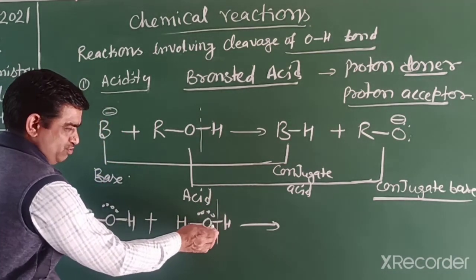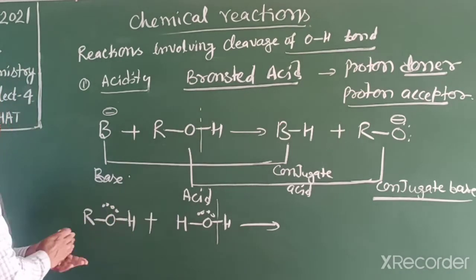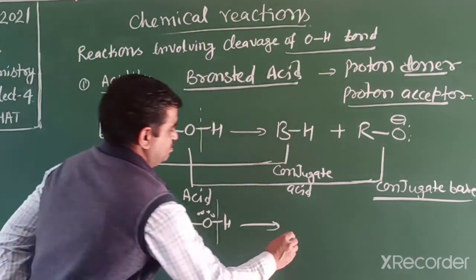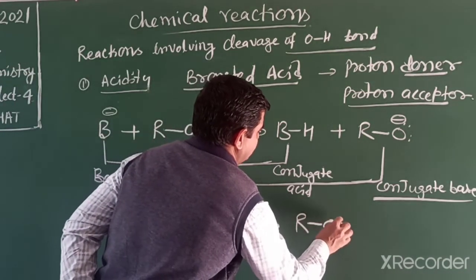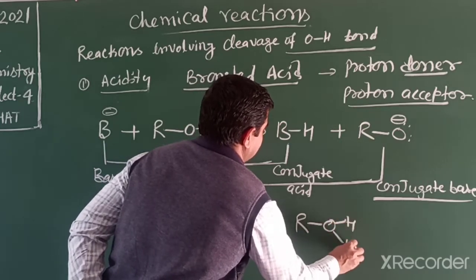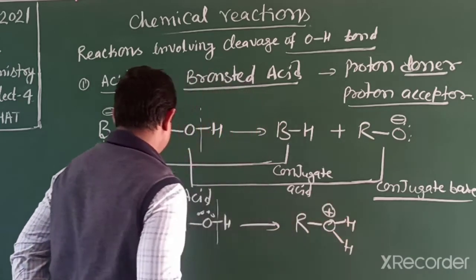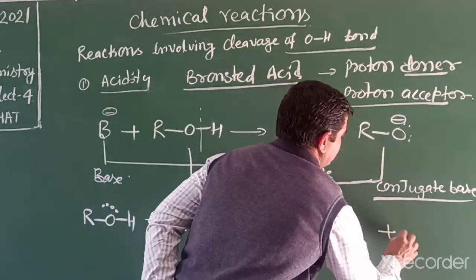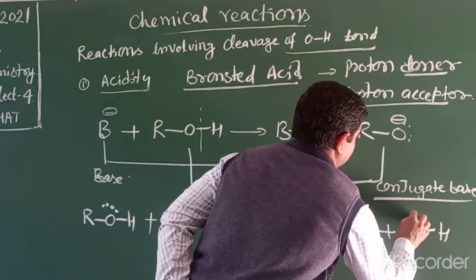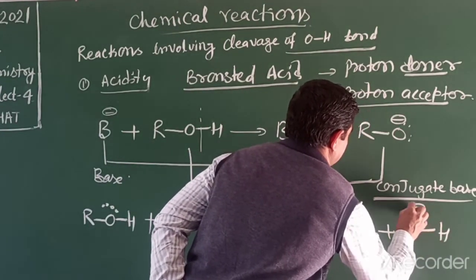Water is the proton donor and alcohol is a proton acceptor. We find OH minus with a lone pair of electrons.